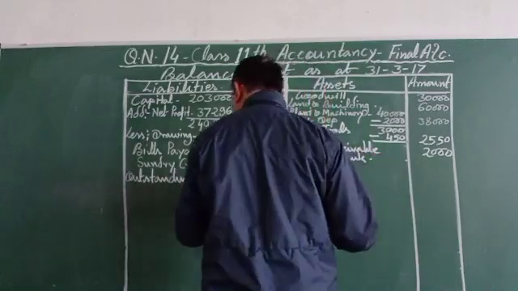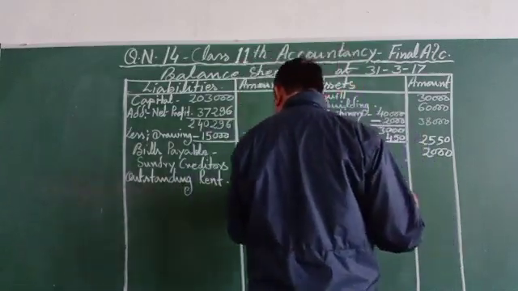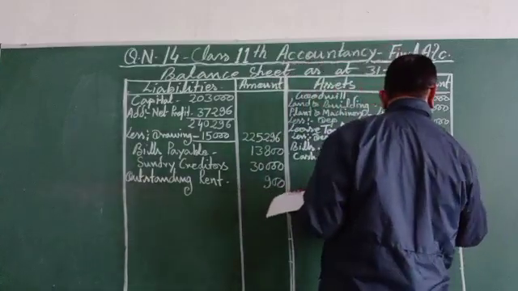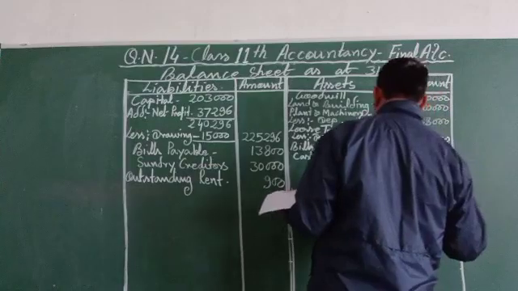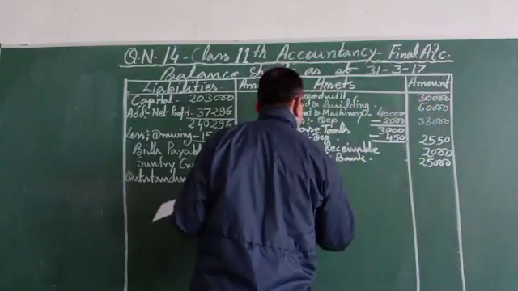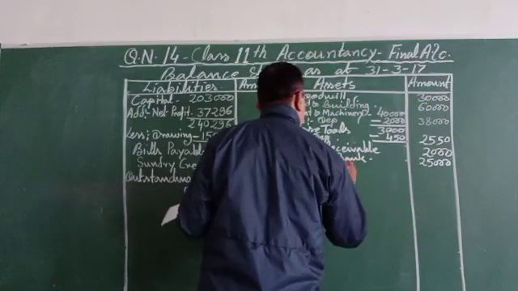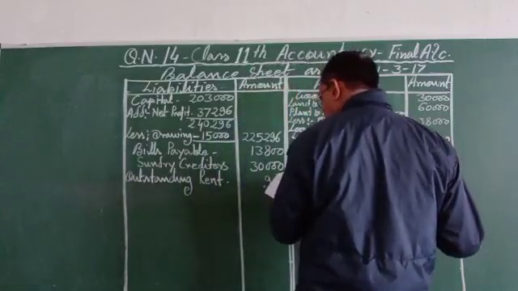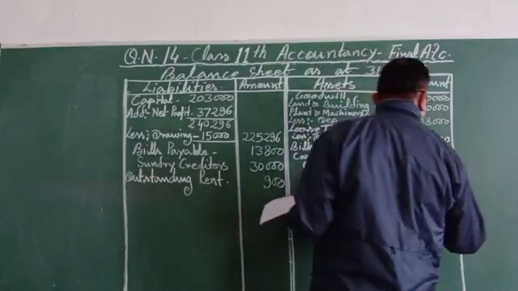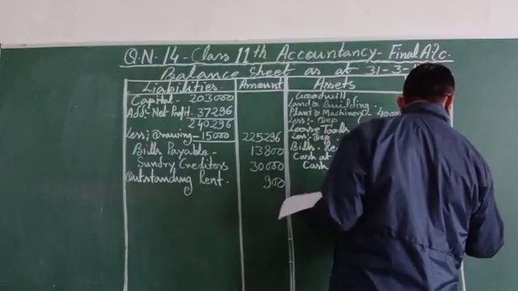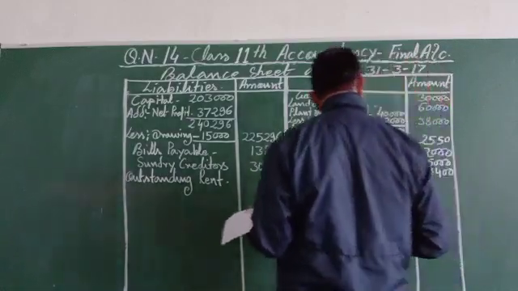Cash at bank given is 25,000. Cash available: cash in hand, that is given 1,400.